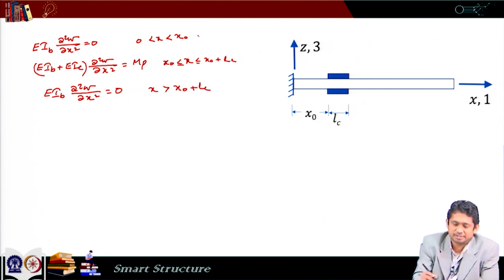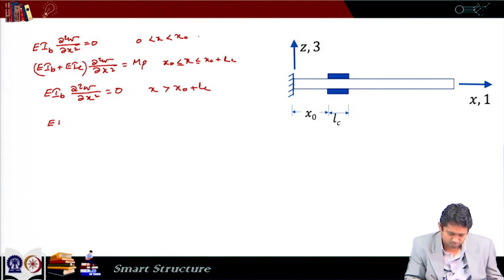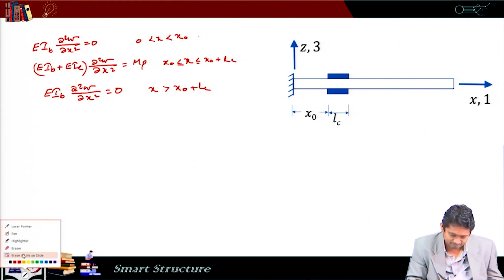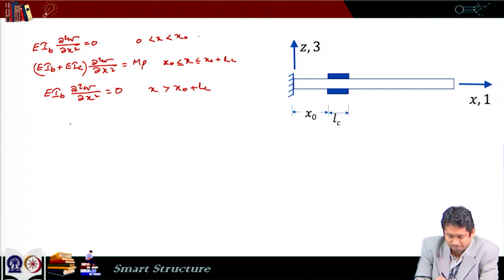So, if we integrate the first equation, again we do not need to have this EIB on the left hand side. So, we have del W by del x is equal to C1.